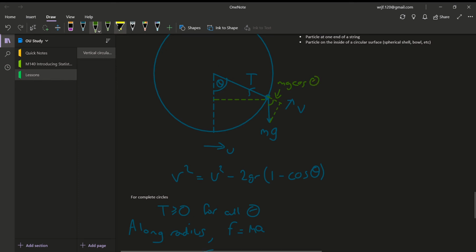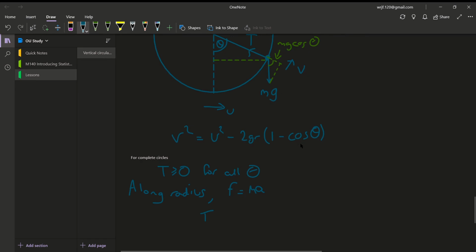And we can now add that into our F equals ma equation, our Newton's second law equation. So we've got T going in towards the center of the circle, and away from the center of the circle, with an opposite sign, we've now got an mg cos theta as well. So those are our two forces.